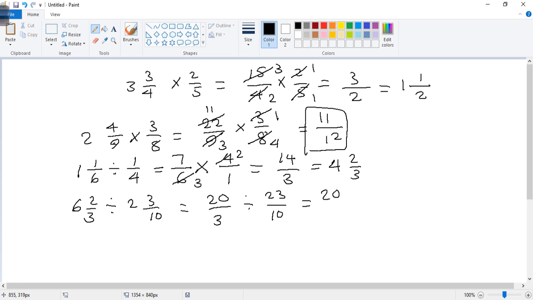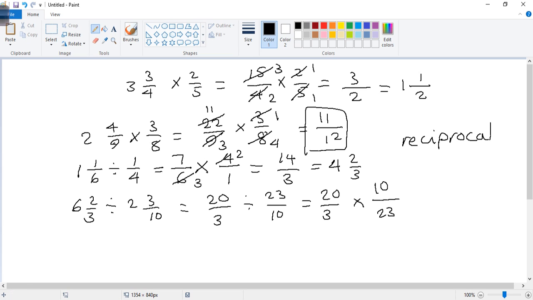The first term we write as it is, and the division we turn to multiplication, and the reciprocal, yeah, that is the word, it will be 10 over 23.